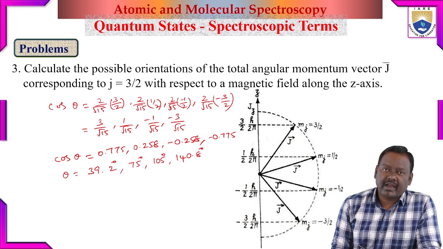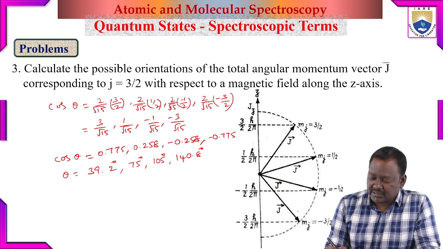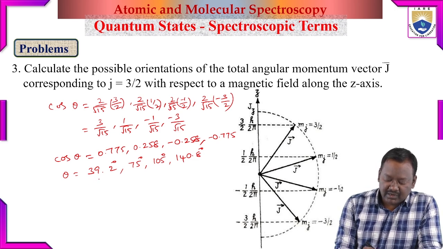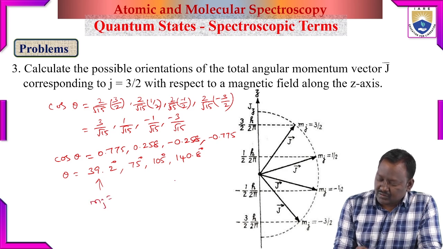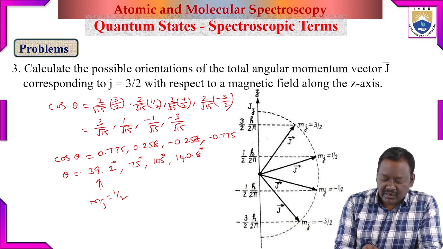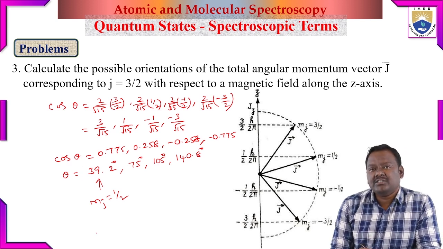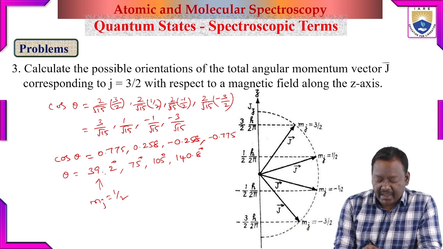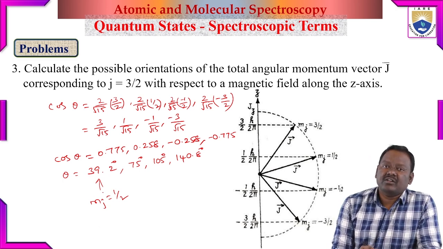So these are the orientations possible for the different angular momenta vectors. These are also represented in this diagram. This is the angle made by the total angular momentum vector with the z axis.